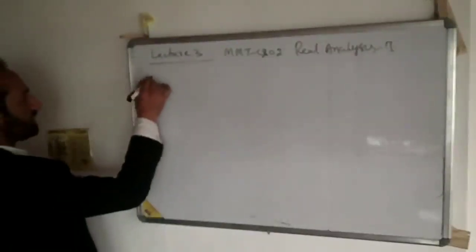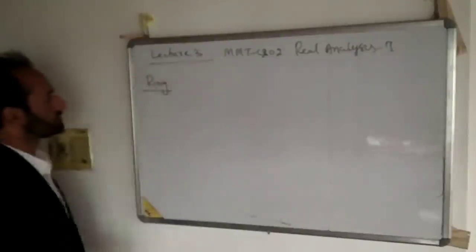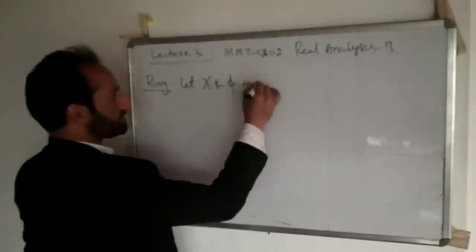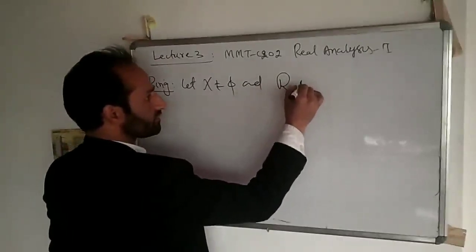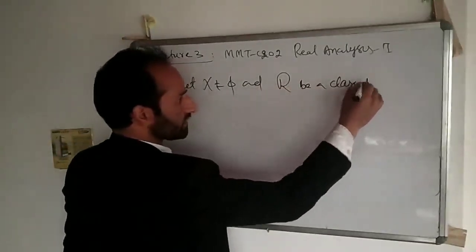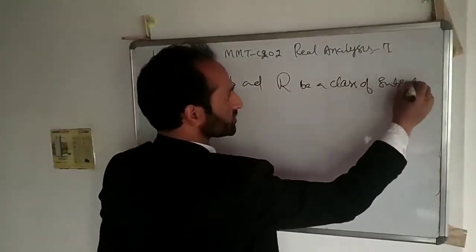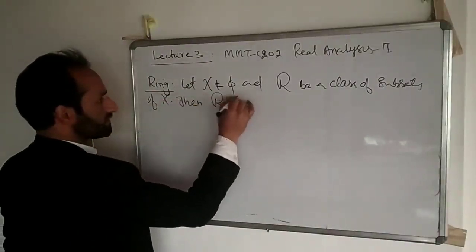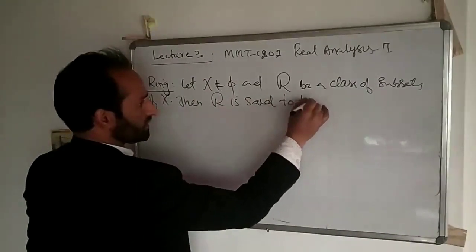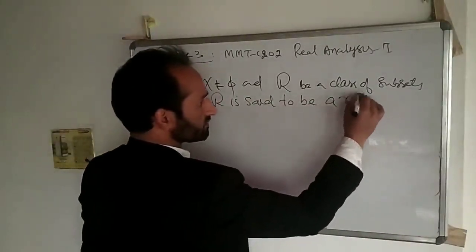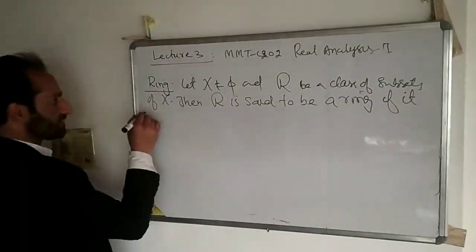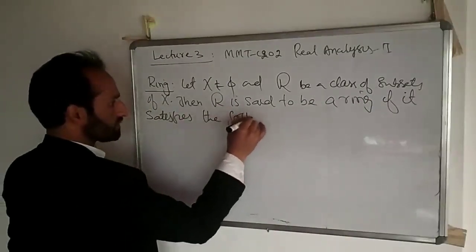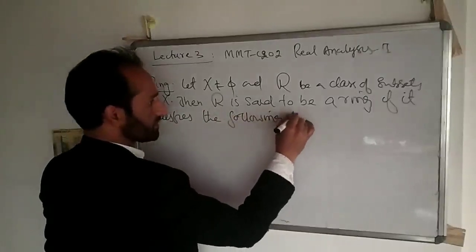So first of all, we define a ring. Let X be not equal to phi and R be a class of subsets of X. Then R is said to be a ring if it satisfies the following properties.